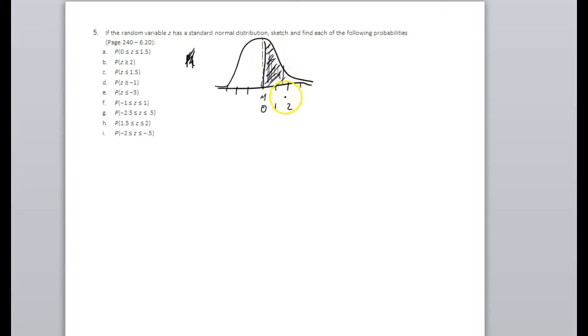Okay, and so in order to solve for this, we'll say probability of 0 is less than z is less than 1.5. This is just going to be the probability that z is less than 1.5, minus the probability that z is less than 0.